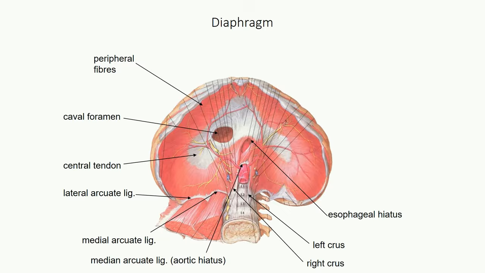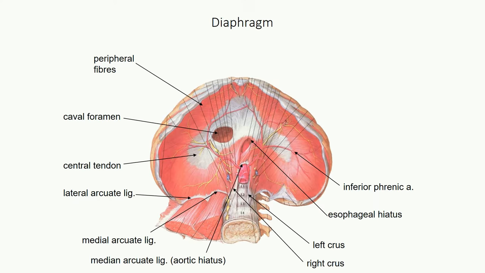Hint, hint. We can also see some neurovascular structures piercing through. First, we have our inferior phrenic artery, and that's a pair of branches that come off of the diaphragm just above the celiac trunk, which we talked about in the previous lesson.